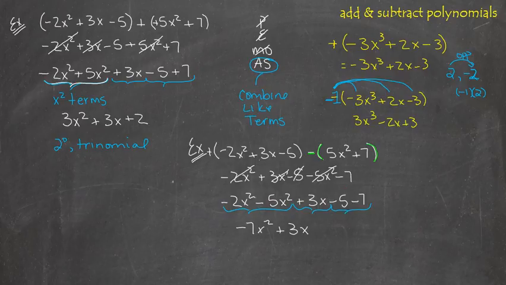And the constants combine just like we've been doing forever. Negative 5 minus 7 is negative 12. And so again, in this case, I ended up with a second degree trinomial. But it's definitely not the same number. So I've subtracted 5x squared plus 7. And in the first case, I added 5x squared plus 7.